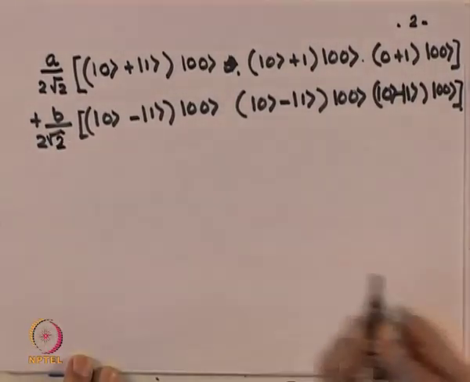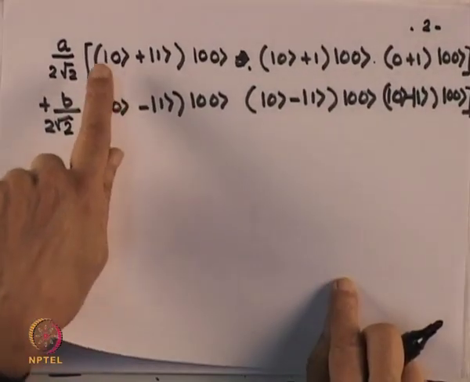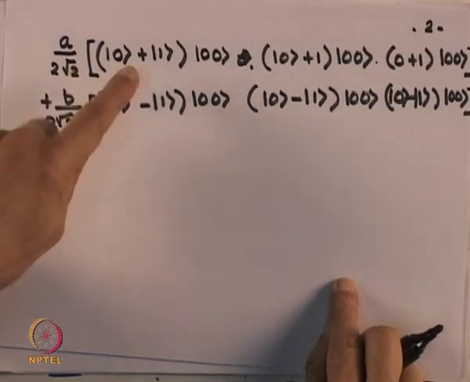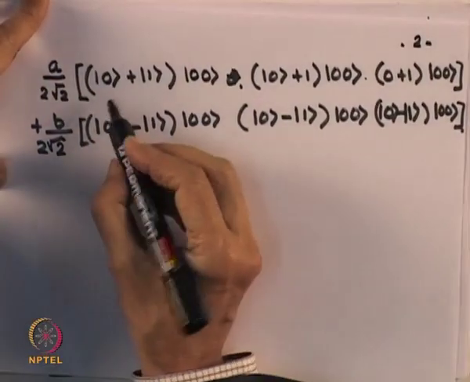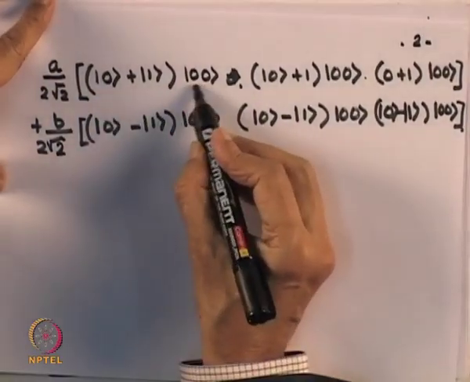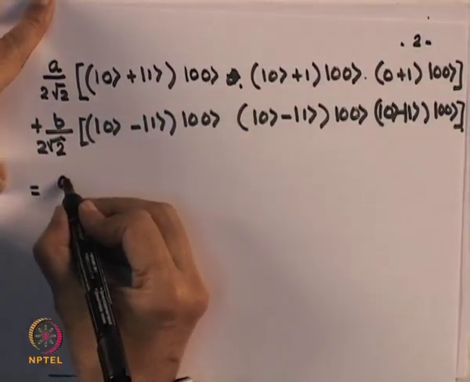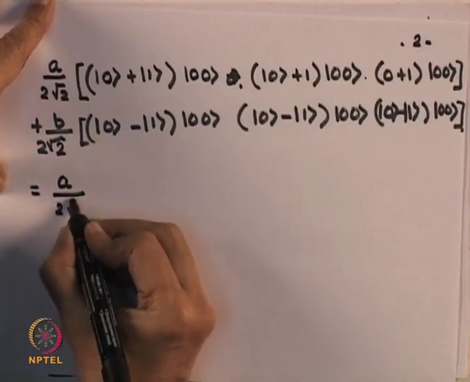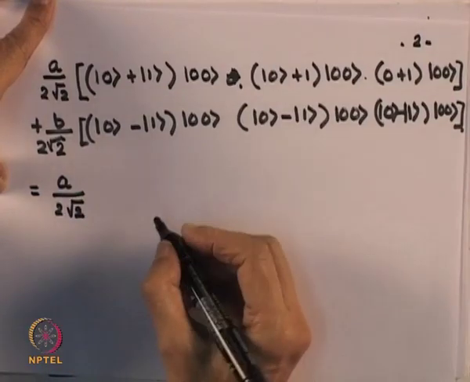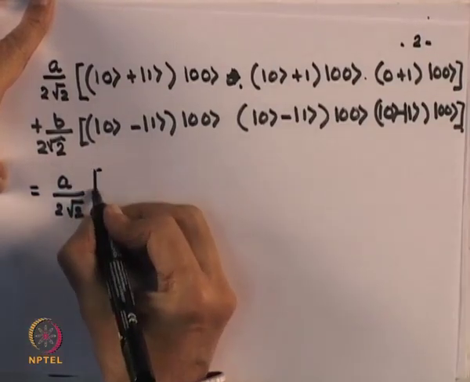Now what happens is this, that we are applying, using this as the control, C0 on each of the bits. So look at what I will get. I will get a by 2 square root of 2. I will now need to write them down together.